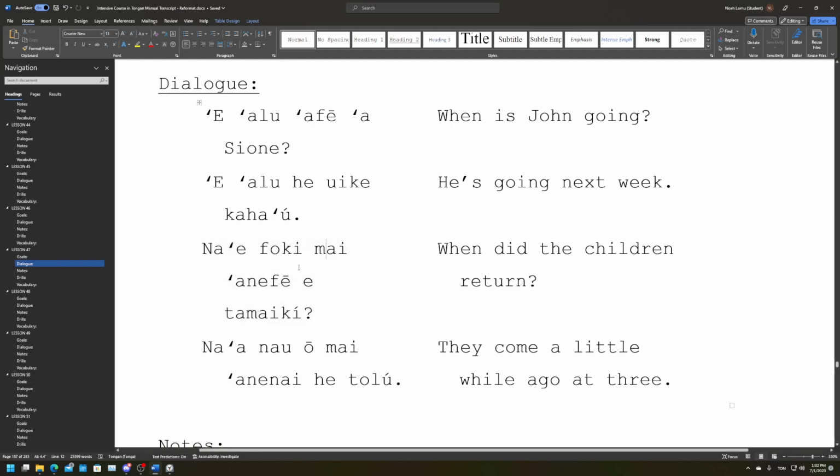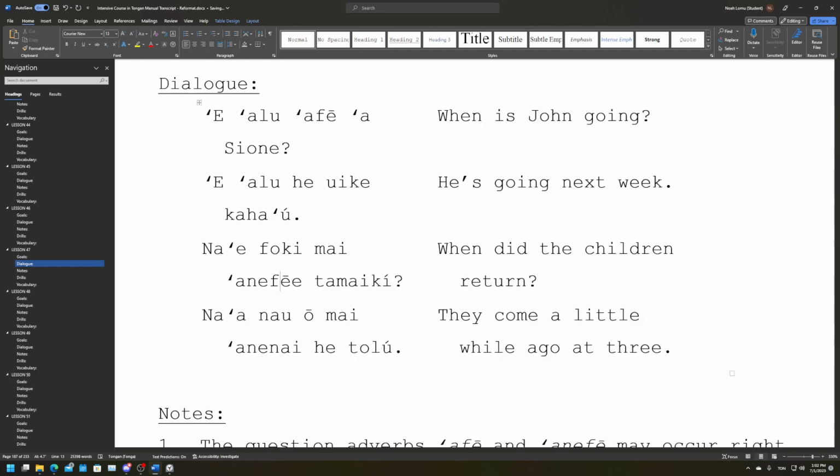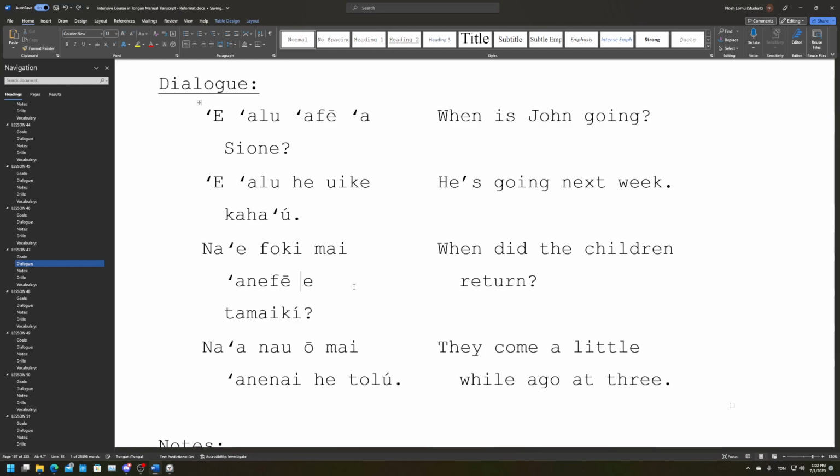One thing I was going to mention: here, both of you sounded like there was a glottal stop, but there isn't. Even though there's a space here, it really is just three E's in a row, with no glottal stop in between.